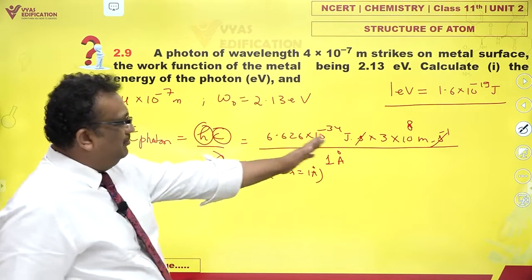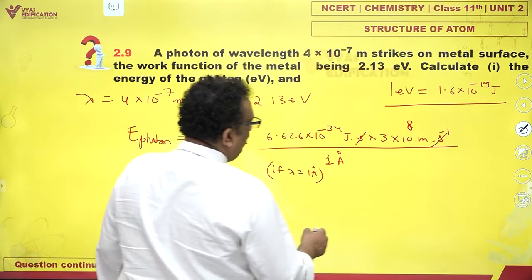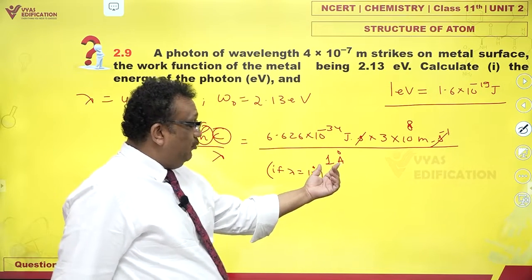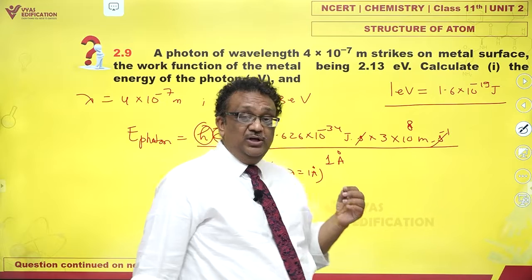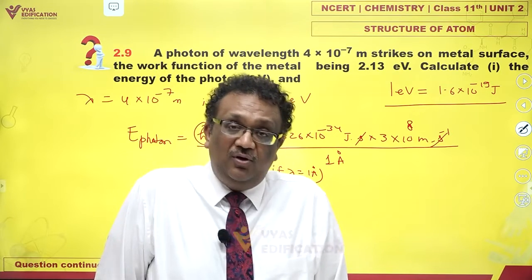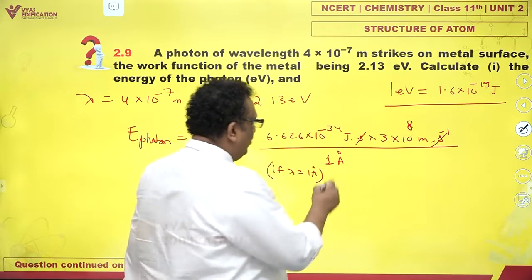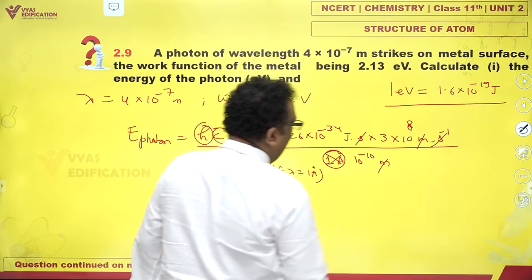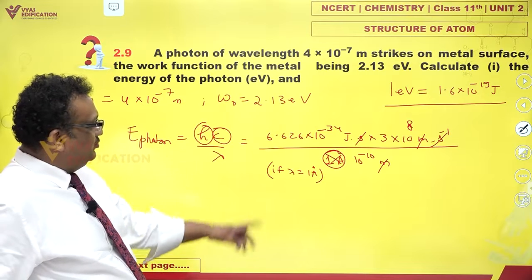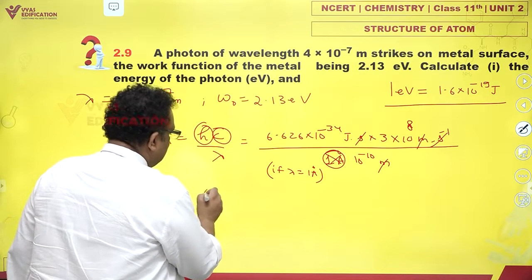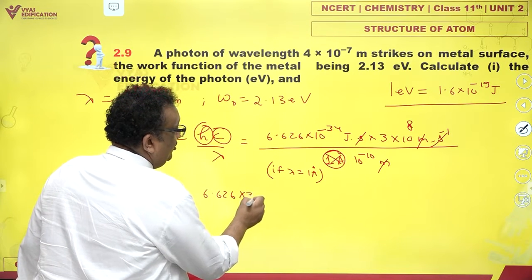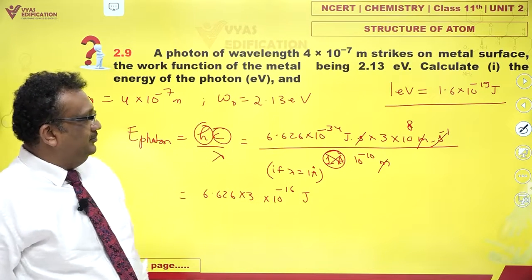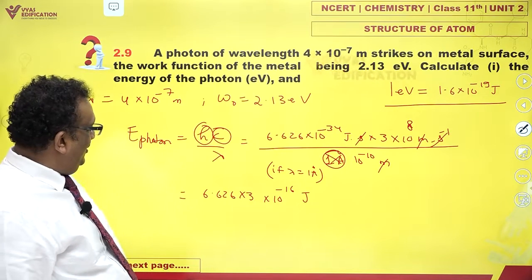So I'll get some number as the energy of the photon. How much is this going to be? I have to substitute not in angstrom units but in meters, so 1 angstrom unit means 10⁻¹⁰ meters. Meters get cancelled, and I get 6.626 into 3 into 10⁻¹⁶ joules.